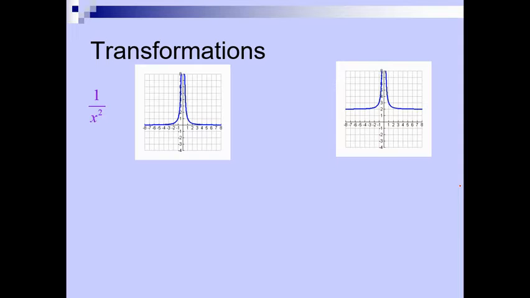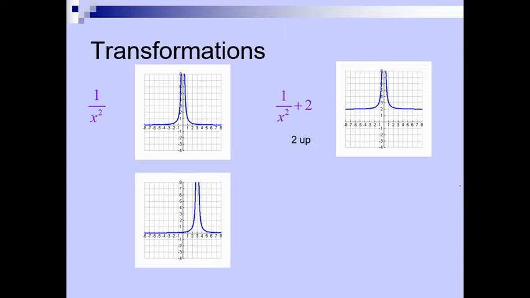Alrighty, can anybody tell me on the second graph, what was our transformation? That's right, it transformed up 2. What about this transformation of the graph? What happened here?